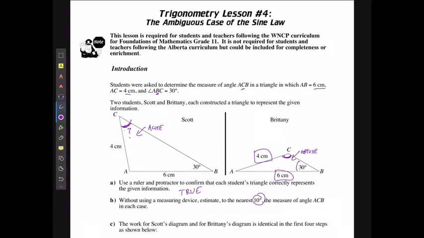So let's say that one is going to be approximately 30 degrees. And for Brittany's, it's definitely over 90 degrees, so it looks like 110 or 120 degrees. So let's say for Brittany, it looks like about 120 degrees.